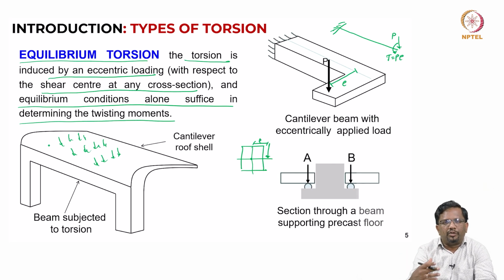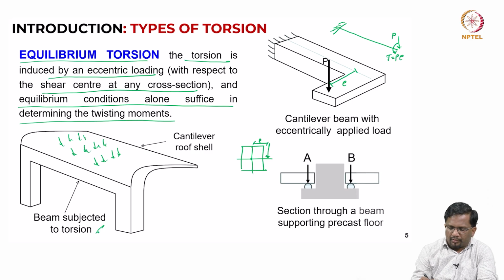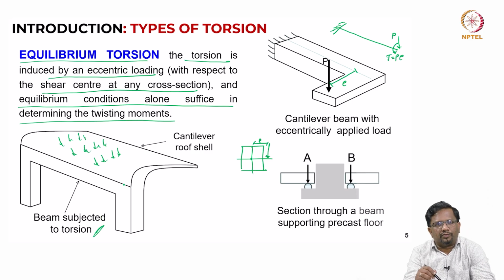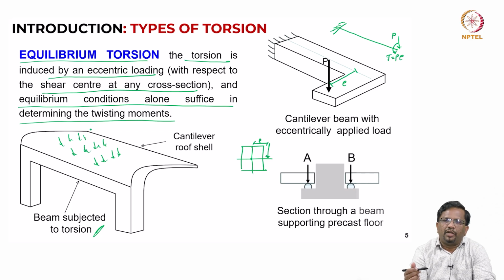If you convert them into an equivalent load, that will be at a distance of eccentricity with respect to the shear center of the beam cross section. So, it will basically be twisting the beam, so the beam will be subjected to torsion. Now, what is the distribution of torsion on this beam? Using just equilibrium conditions, I will be able to find out the torsional moment distribution on the beam.